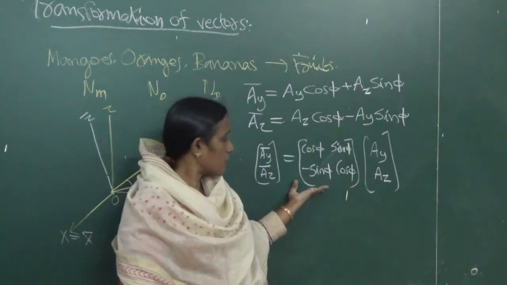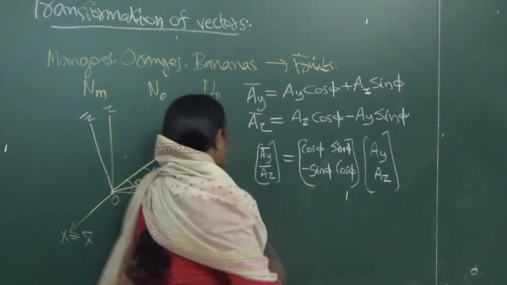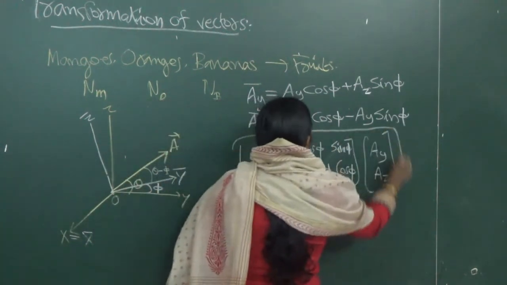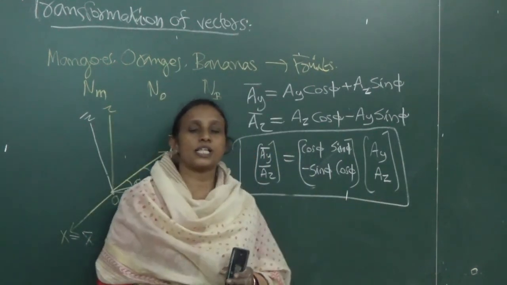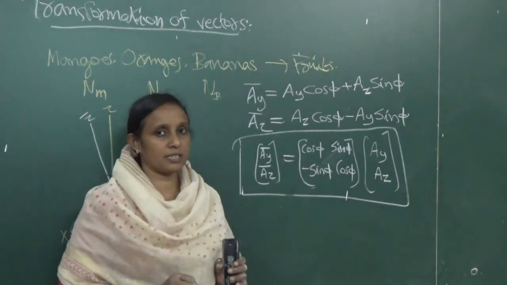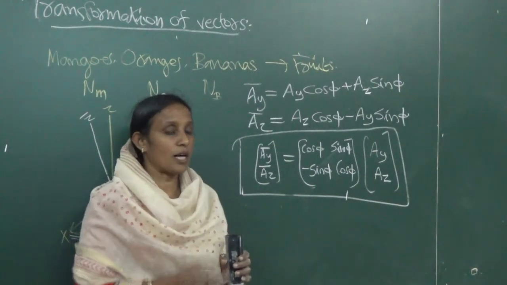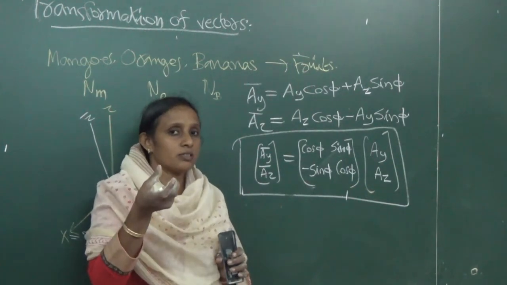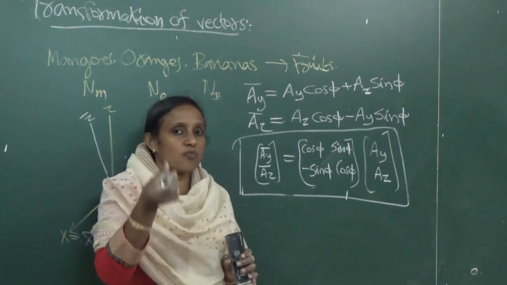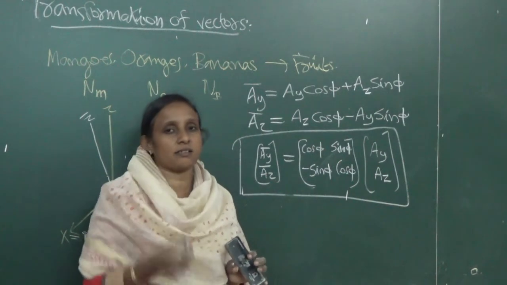So this is the property of a vector. This transformation rule is obeyed by a vector. So what about our initial example? We discussed fruits: mangoes, apples and bananas.